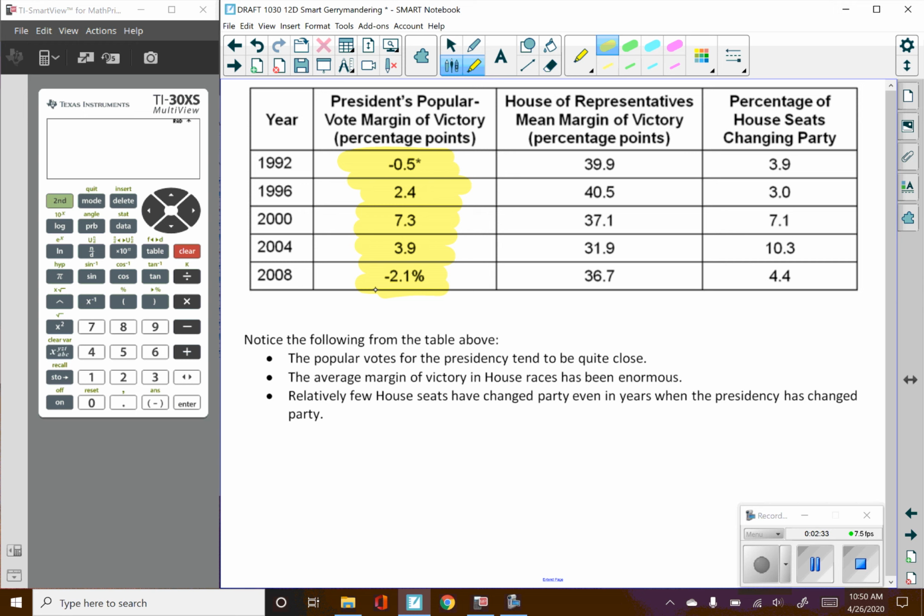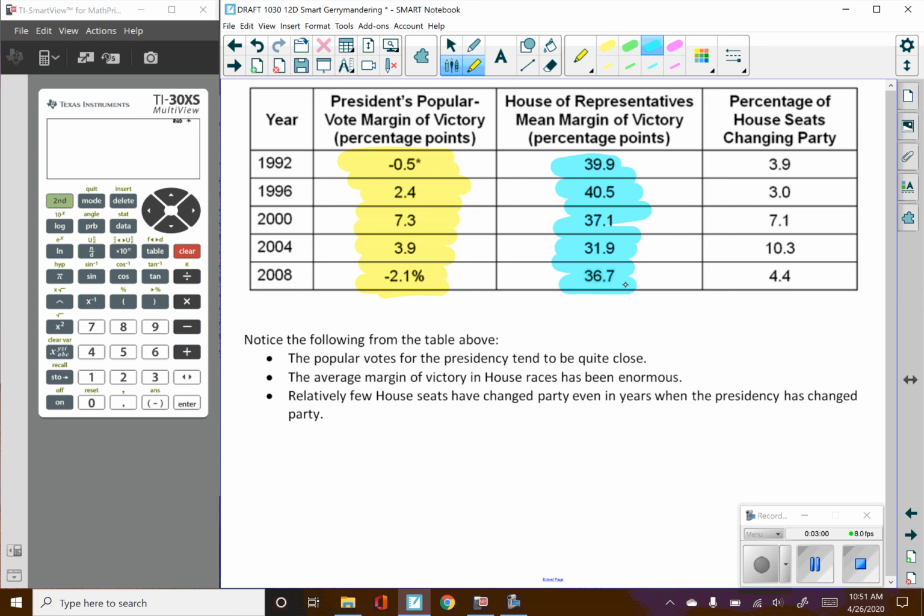However, if you look at voting margins of victory for House of Representatives, it is typically huge, between 30 and 40%. So even though the presidential vote, in other words, the breakup of our whole country, is pretty close, in the House of Representatives, it is not close. And the reason for that is gerrymandering.